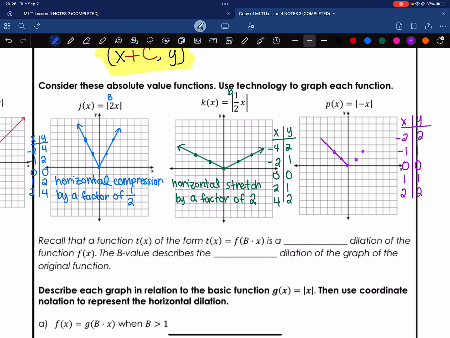Okay. Now, this looks just like the parent function, and that is not always necessarily the case. It really just depends on what you're reflecting it over, but this particular one was reflected over the y-axis.